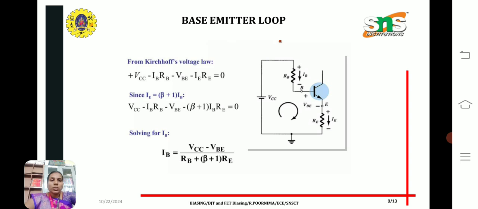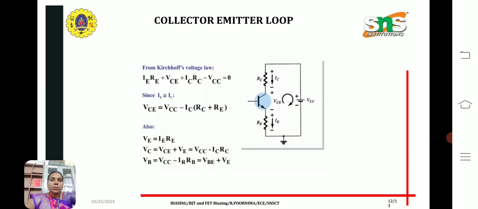This RE is used to stabilize the current. For the collector emitter loop, we consider the collector emitter circuit and apply Kirchhoff's voltage law. Here we get IE into RE plus VCE plus IC into RC minus VCC equal to 0. In this case, the emitter current is nearly equivalent to the collector current, so we get the collector emitter voltage.